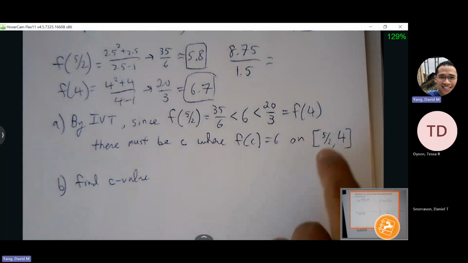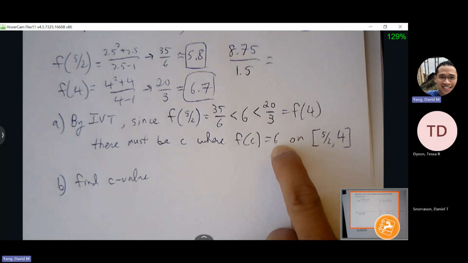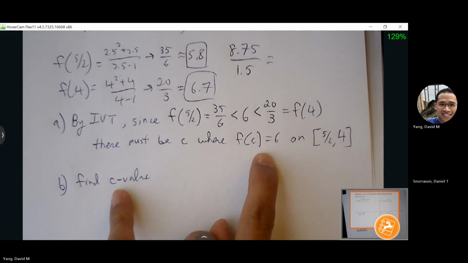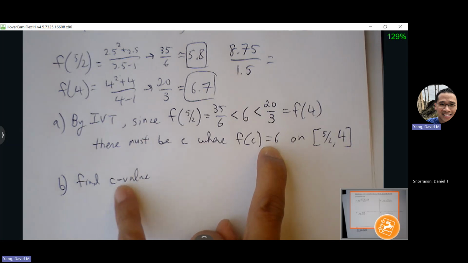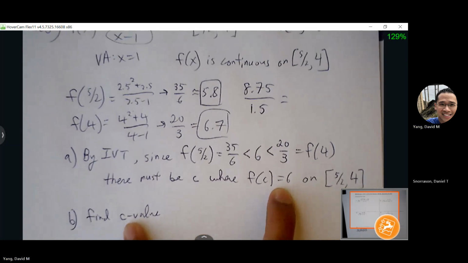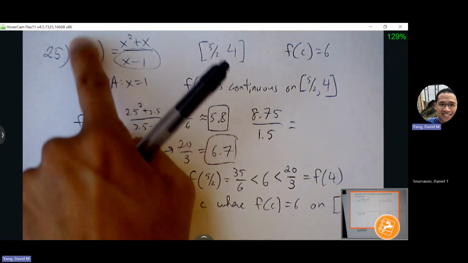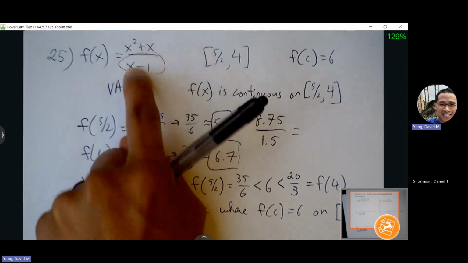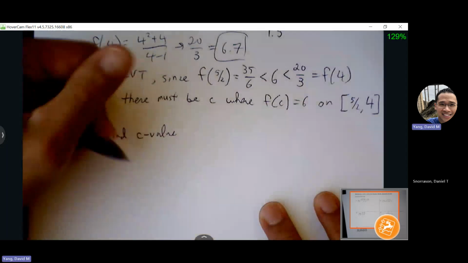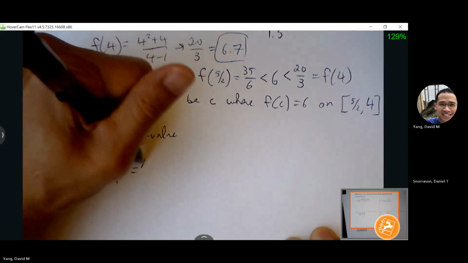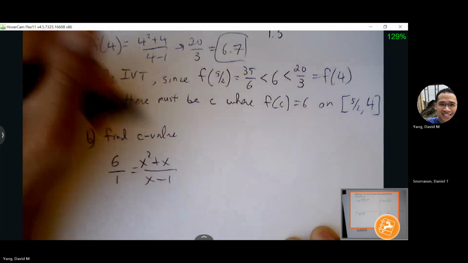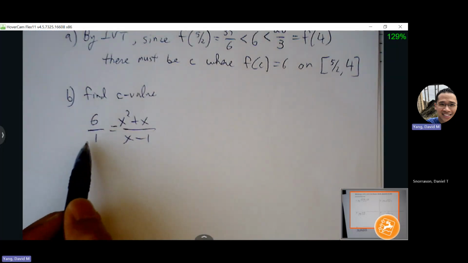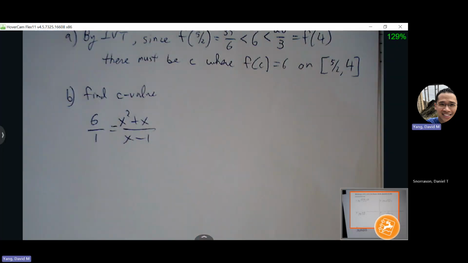So now that we're guaranteed that this graph is going to have this y value of 6 somewhere on the interval, now it's asking what the x value location of that ordered pair is where this occurs. So how can I find that c value? Yeah, we know what the y value is. We're just using the function now to figure out what the x value is. So I force a 1 in the denominator here so I can match my diagonals, pair up, cross multiply and solve for x.